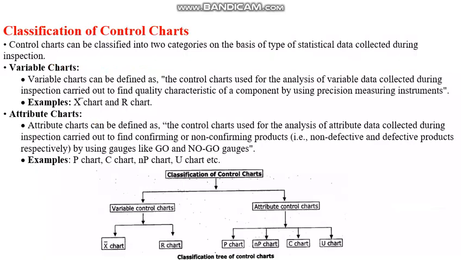Variable charts can be defined as the control charts used for analysis of variable data collected during inspection carried out to find the quality characteristic of a component using precision measuring instruments. Like we are talking about the diameter, length or thickness, and such quality characteristics which are measured using precision measuring instruments.